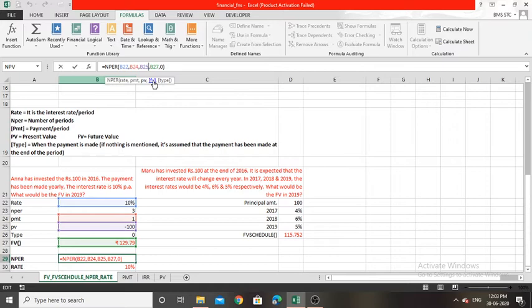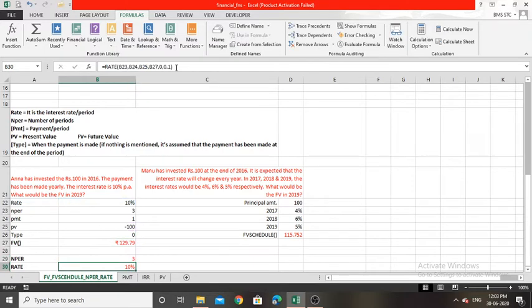Then FV is 129.79, then type you can give 0 or 1. I simply put the default, 0, and press enter. Now we get the solution as 3.